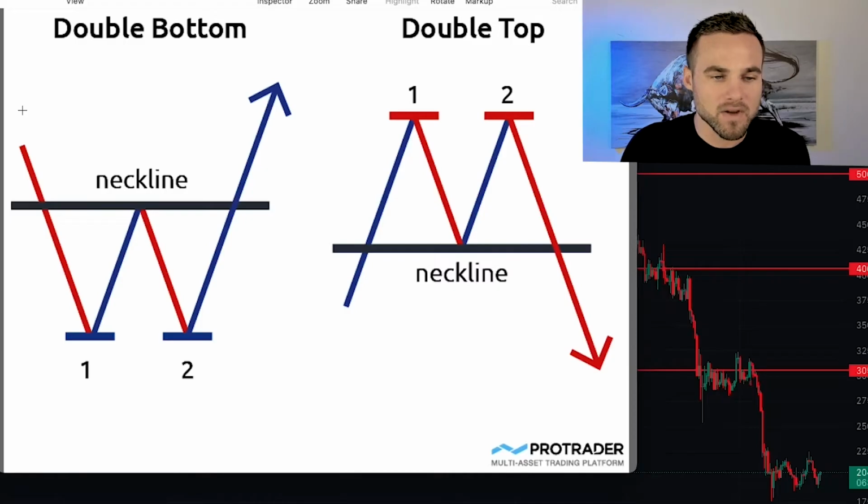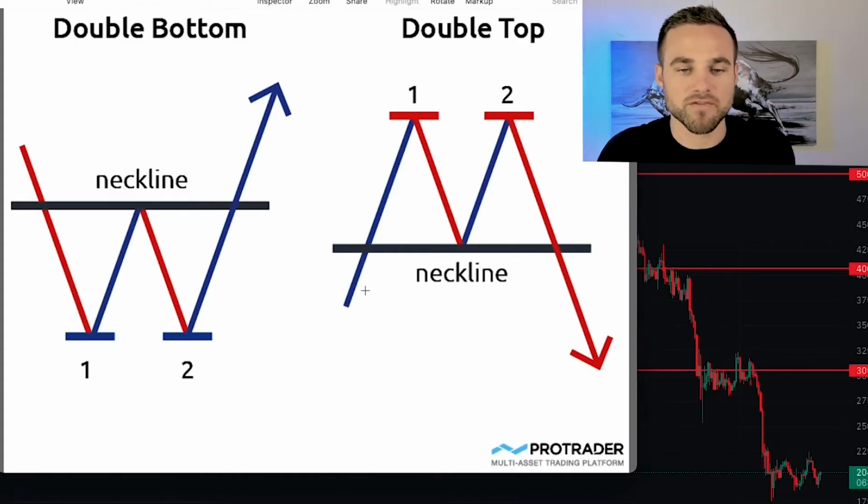Basically what it says is that sellers tried to push it down to here and they got rejected, and they came back up. And sellers tried to push it down again here, and they got rejected right here. Now, this line right here, where basically they bounce to, is something called the neckline. And the way that you want to trade this is after you get a break of this neckline, then it's likely that price is going to continue on upwards for a double bottom, and the exact opposite for a double top.